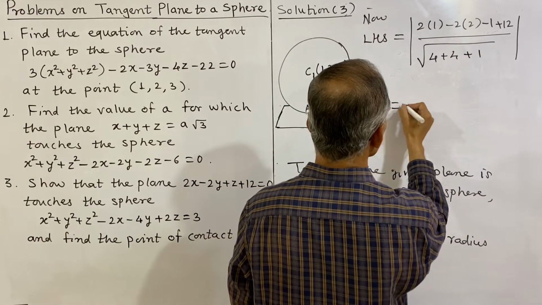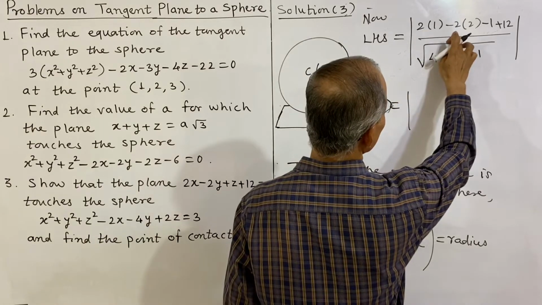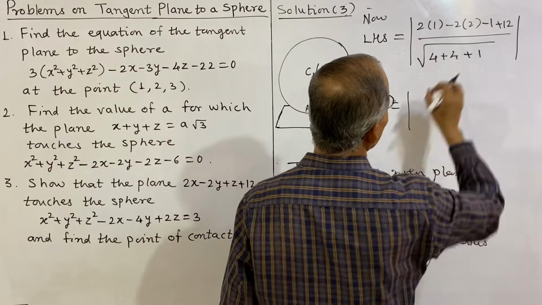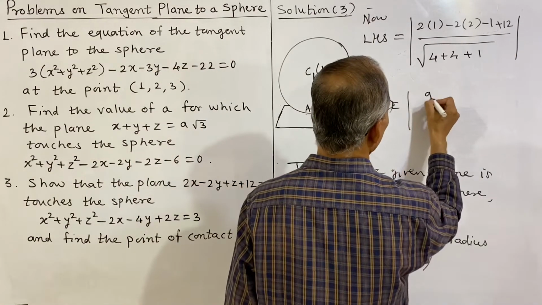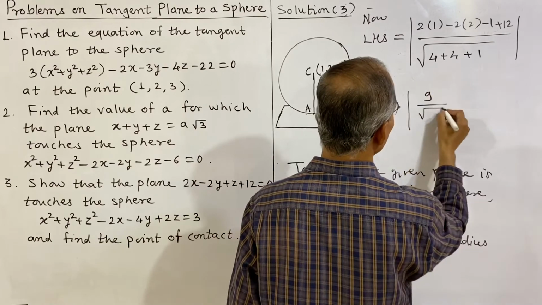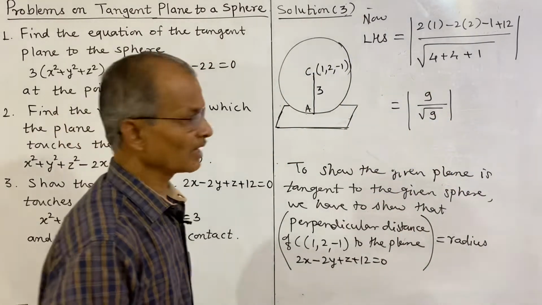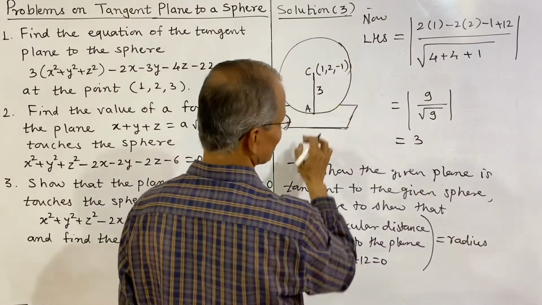So this is the absolute value of 2 minus 4 minus 1, and that is 2 plus 12 is 14 minus 5, that is 9, and the denominator is root of 9, which is 3, and 9 by 3 is 3, which is the radius we have obtained.